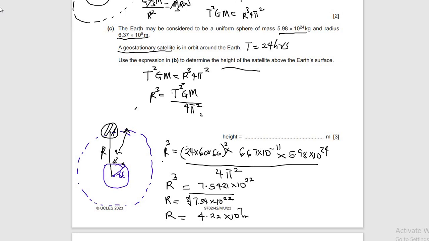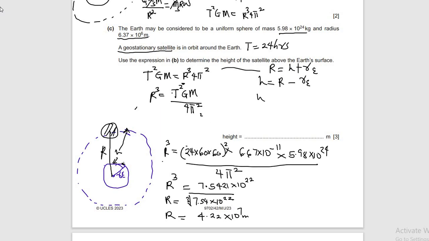When you check the diagram here, you see that the distance between them is equal to the height plus the radius of the Earth. So to find the height, it will be the distance between them minus the radius of the Earth.